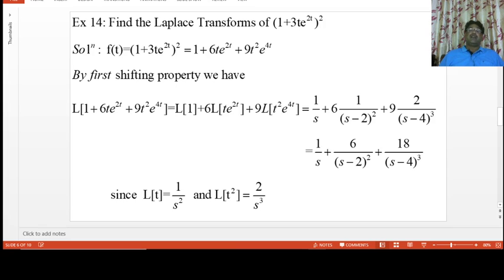In the second term, a is 2, so you have to replace s by s minus 2. In the third term, a is 4, so you have to replace s by s minus 4. The answer is 1 upon s plus 6 divided by (s minus 2) whole square plus 18 divided by (s minus 4) whole cube.